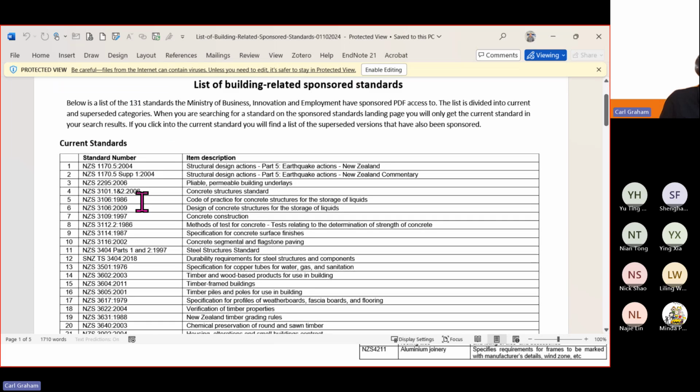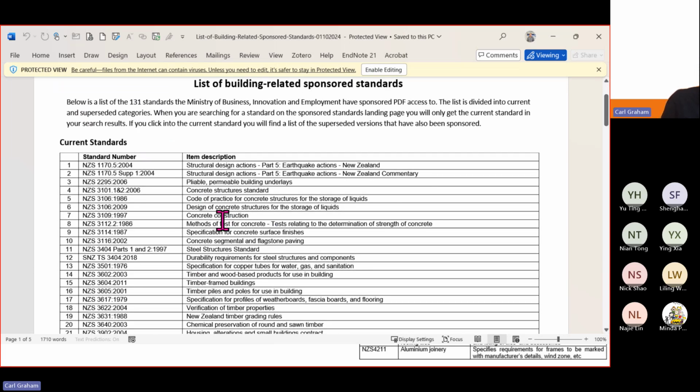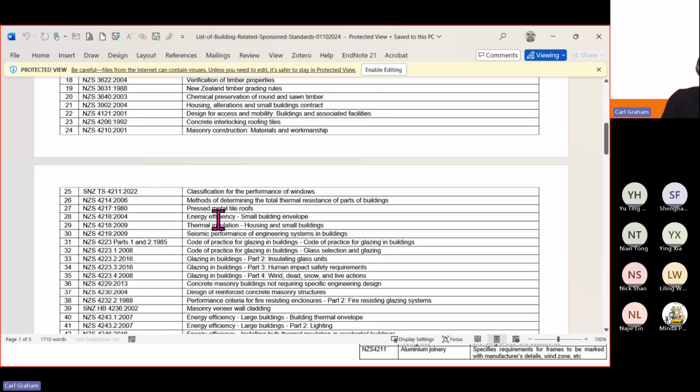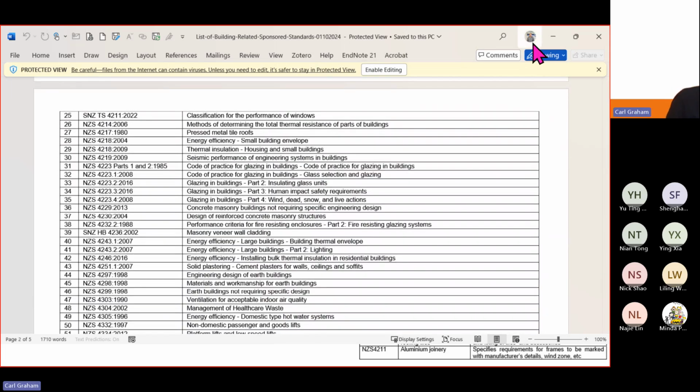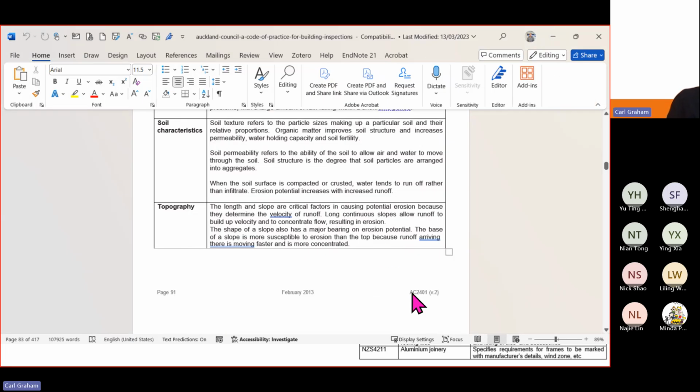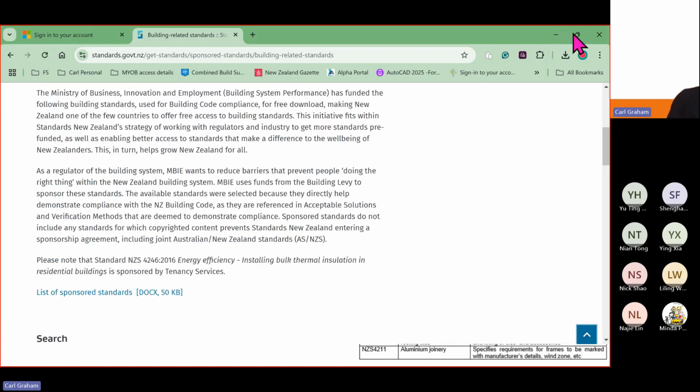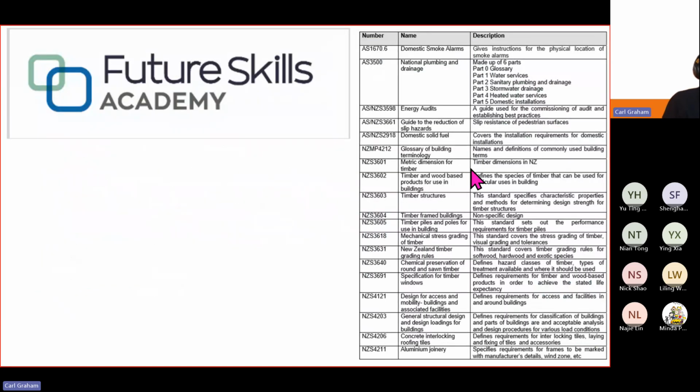So if each one of these is of a similar price, 131 times $450, that's pretty cool. But just so you know, team, you can find that out. So go back to that, there we go.